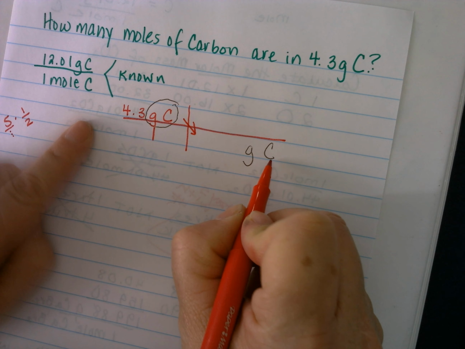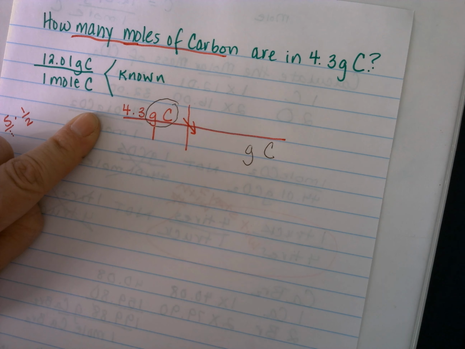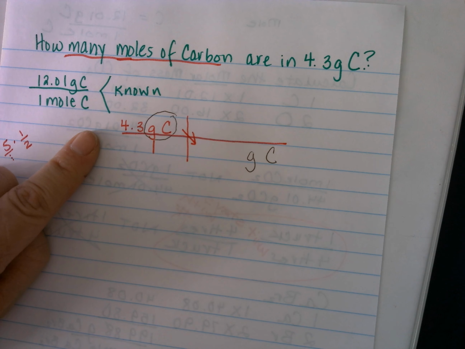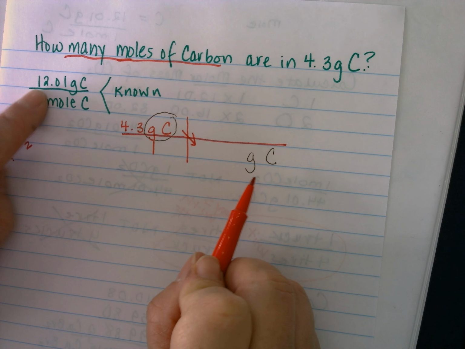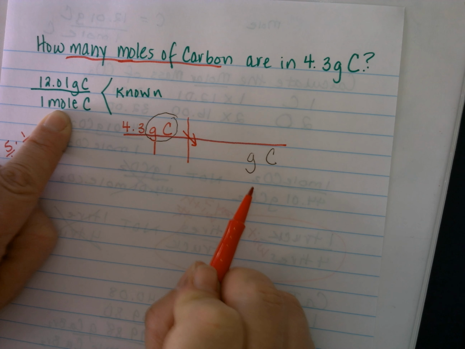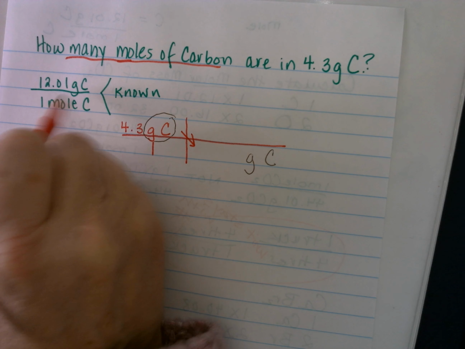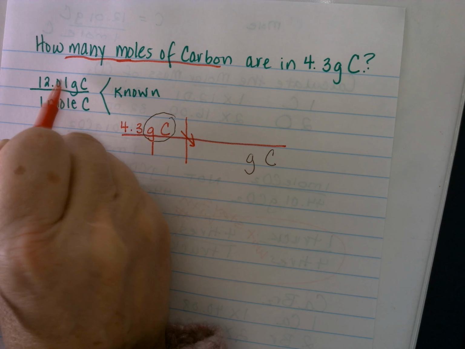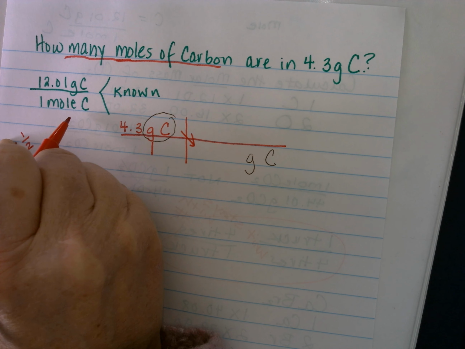Grams of carbon. Well, I am trying to find out how many moles of carbon are in 4.3 grams. I know that 12.01 grams of carbon is equal to 1 mole. So this is like a conversion factor, because if I use this, I can go from grams of carbon to moles of carbon.